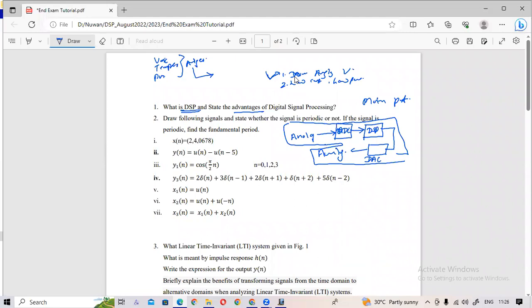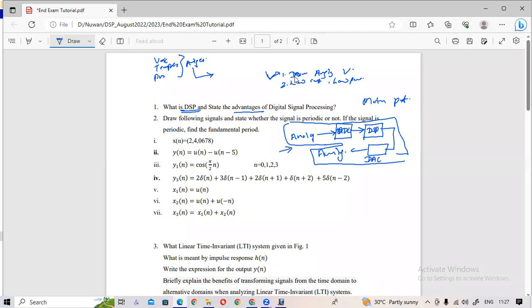You already know that. So the advantages are that design and analysis are very easy, low cost, and low power. And this is the main part of a digital signal processing system.